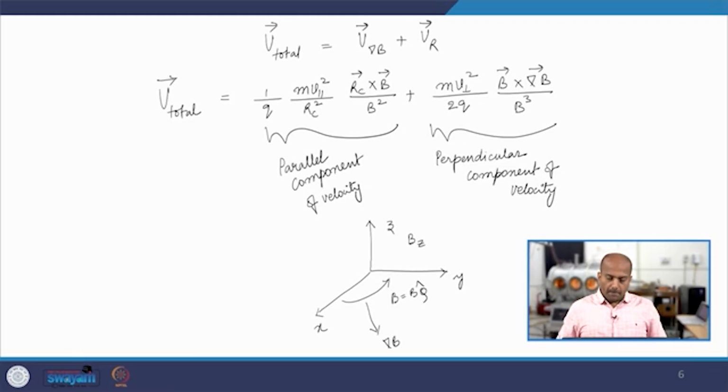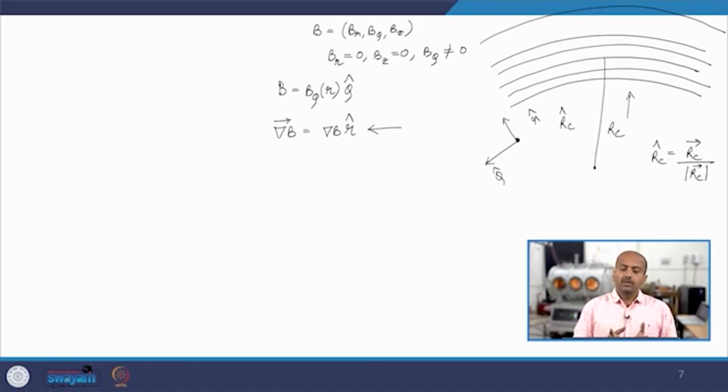If you look at it carefully, we obtained these two expressions individually by considering different geometries of the magnetic field. While we were doing the gradient drift, we never thought about the curvature; we thought it is a gradient which is present. We evaluated the average forces along all the directions, then used the generalized drift expression and obtained the gradient drift.